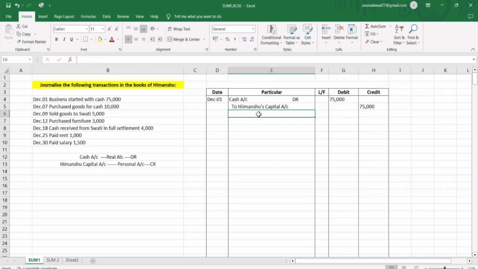So we have to write a narration about this. You can write same whatever it is given in the question, being business started with cash.